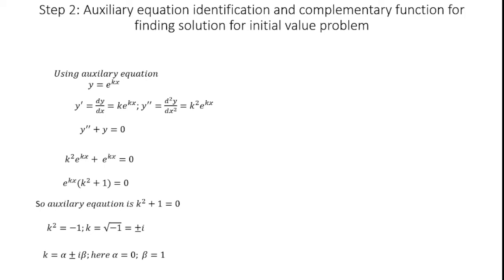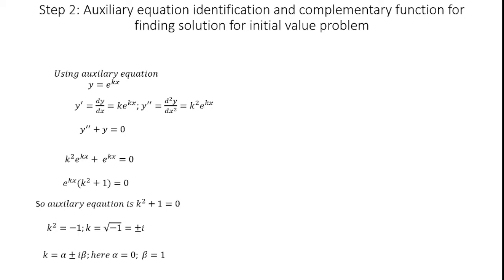Yes, k is equal to alpha plus or minus i beta, which is the propagation equation. From this we can understand the problem. Here I assume alpha is equal to 0 and beta is equal to 1 according to this problem, because i has the coefficient value 1. There is no alpha term in plus or minus i, so alpha is equal to 0. Likewise I can choose the values of alpha and beta from the available auxiliary equations.